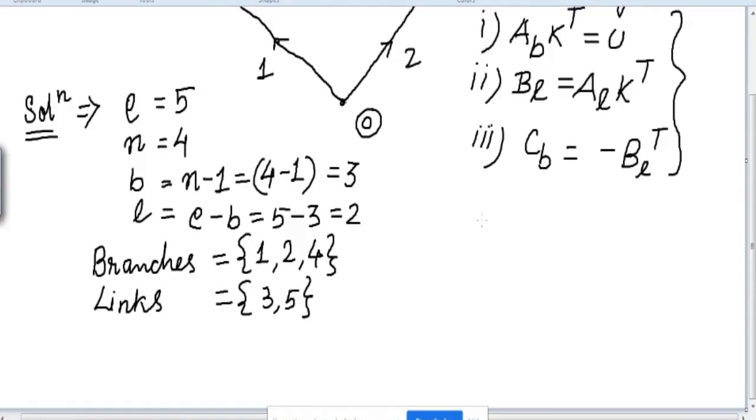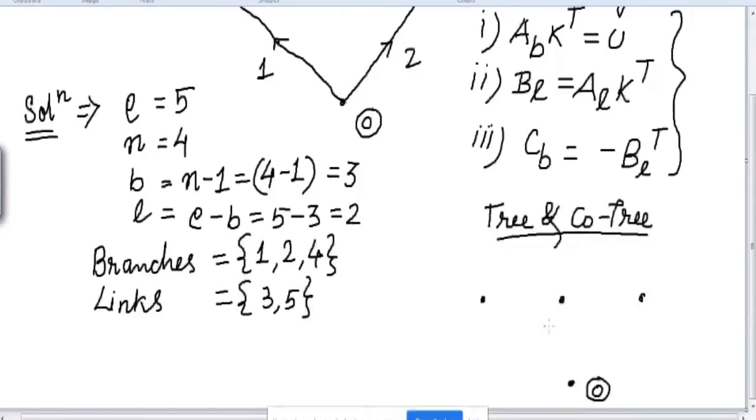So this was the graph which was provided to us. Now let us draw the tree and co-tree. So tree, okay. This is my node number 0. This is node number 1.